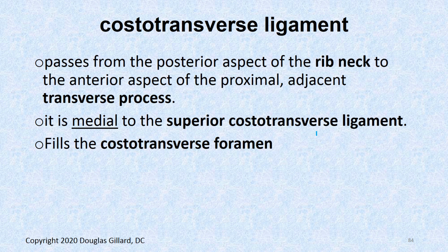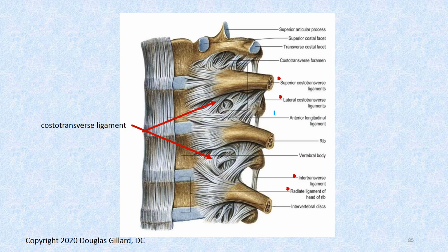Okay, costotransverse ligament. It's medial to the superior costotransverse ligament, but it passes from the posterior part of the rib neck again to the anterior proximal portion of the transverse process. So it's a little closer to the vertebral body, still off the transverse process.